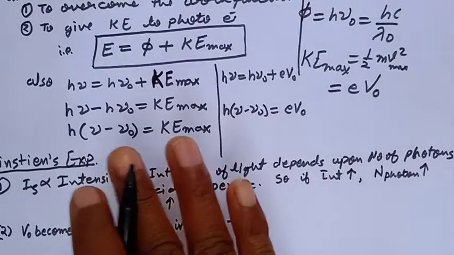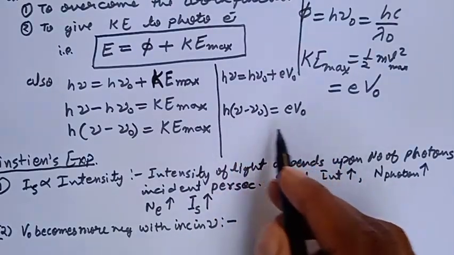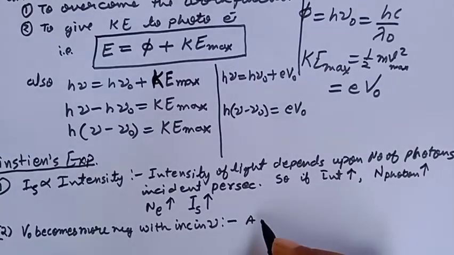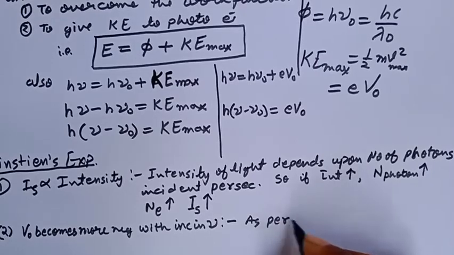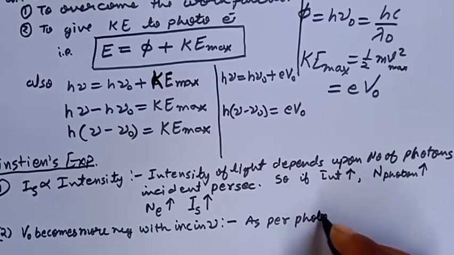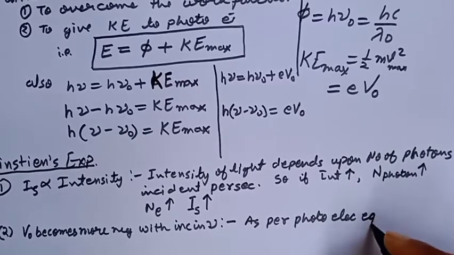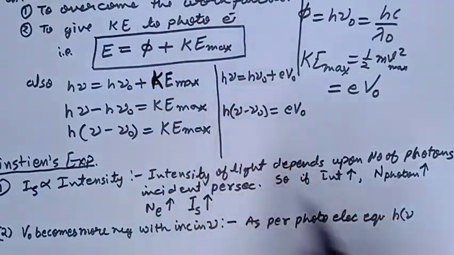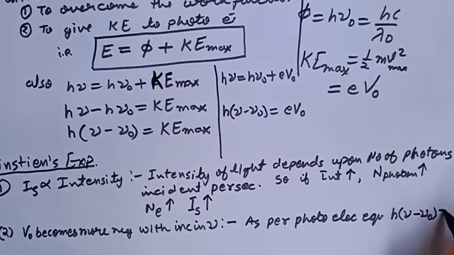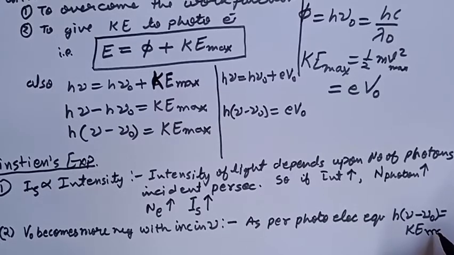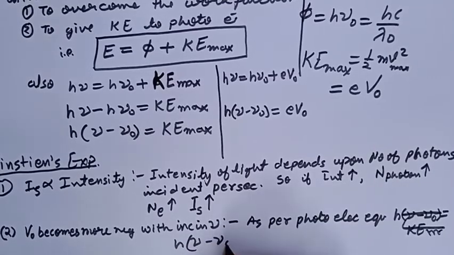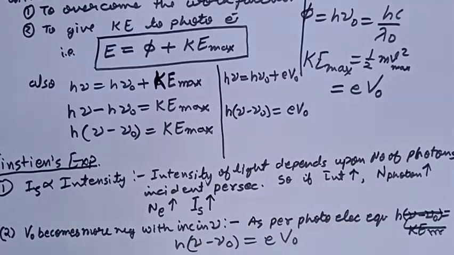So now directly we can use this equation. As per the photoelectric equation, h nu, see, the photoelectric equation is this and it is reducible to this: h nu minus nu naught equal to eV naught.